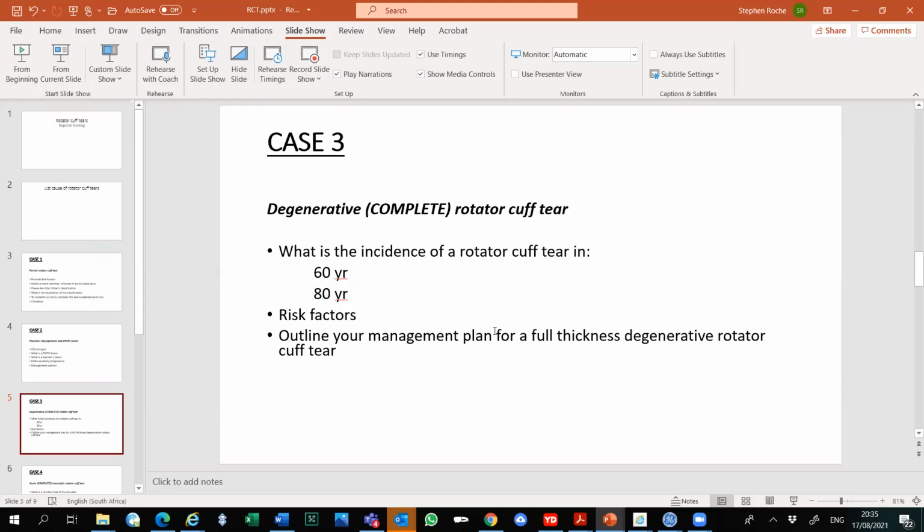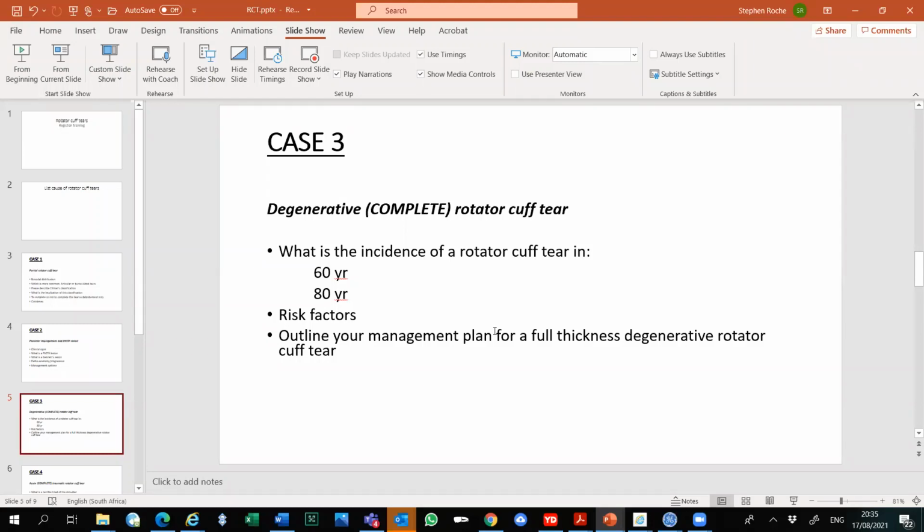We said AC joint arthritis. Anything else? But AC joint arthritis is also age appropriate. Most people after 40 get AC joint degeneration. That's also a common aging process.